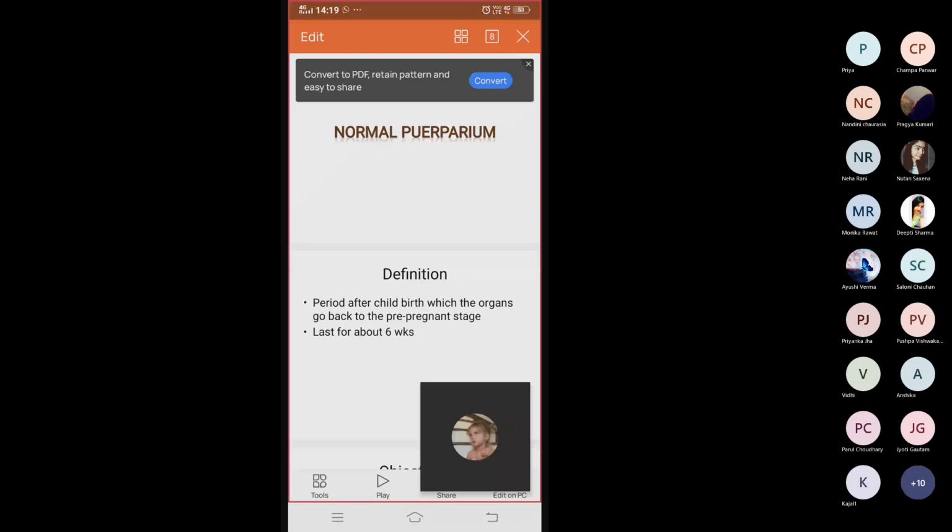When the mother has delivered the baby, after childbirth to 6 weeks is known as normal puerperium. The definition is the period after childbirth in which the organs go back to the pre-pregnancy status. When all the organs revert back to the pre-pregnant stage after pregnancy, it takes nearly 6 weeks. That time period is known as the normal puerperal time period.